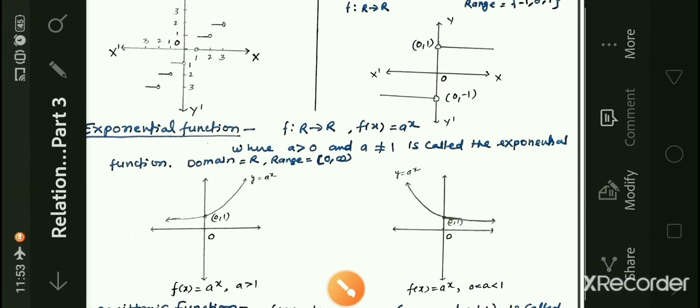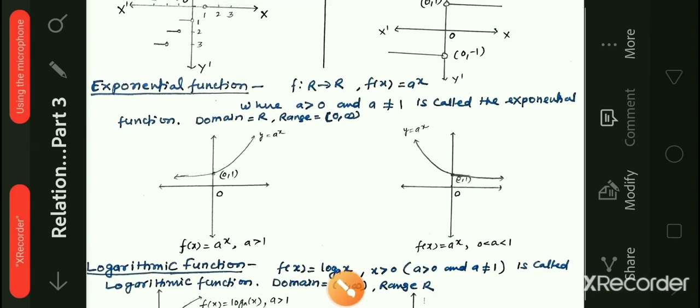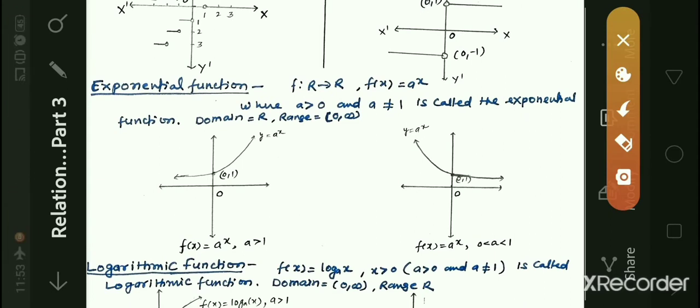Now the graph, how to plot it? Simply, you can see that if x is equal to 0, then the value of the function will be 1. So (0, 1) will be the intersection point, and after that its curve slightly increases, and it continuously increases.